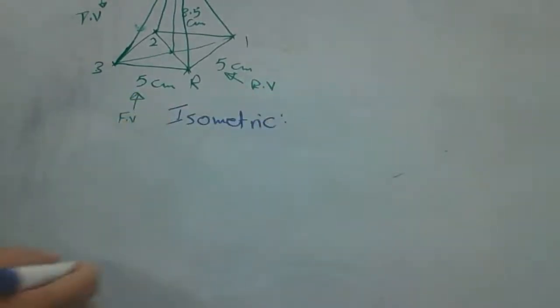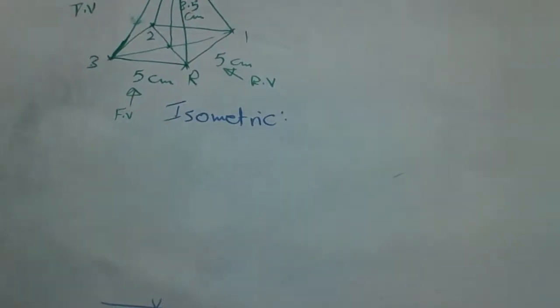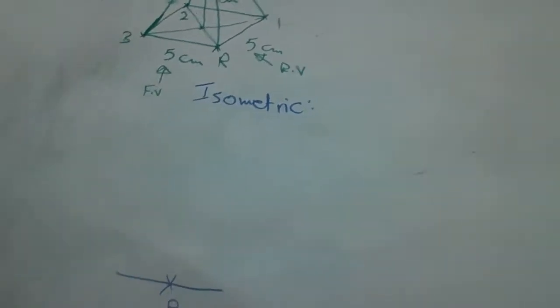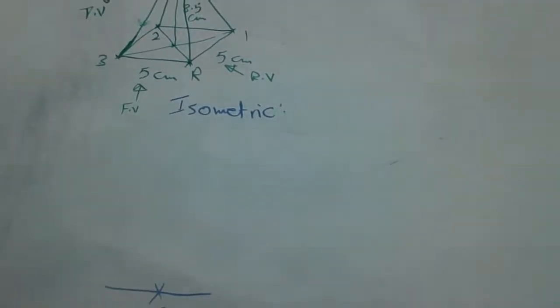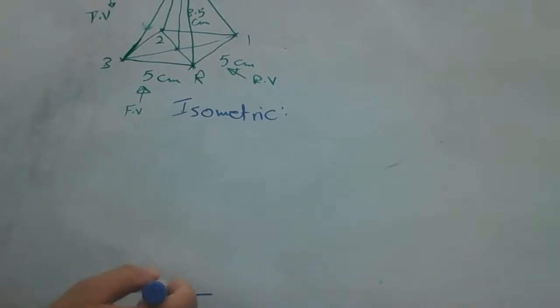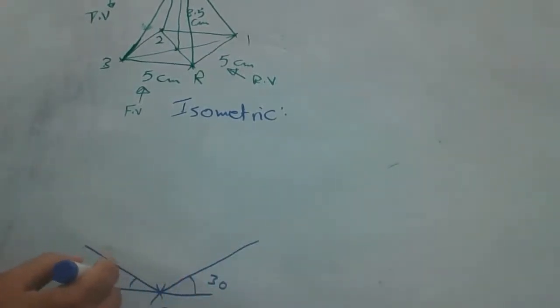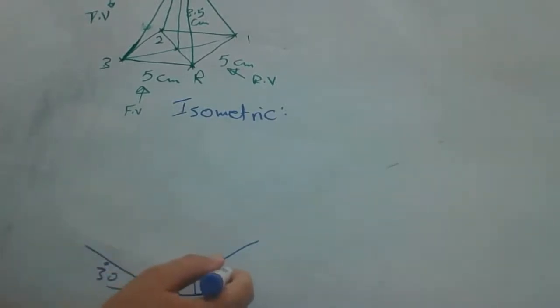As we discussed before, isometric is drawn from point R with two inclined lines at 30 degrees and 30 degrees. Okay.